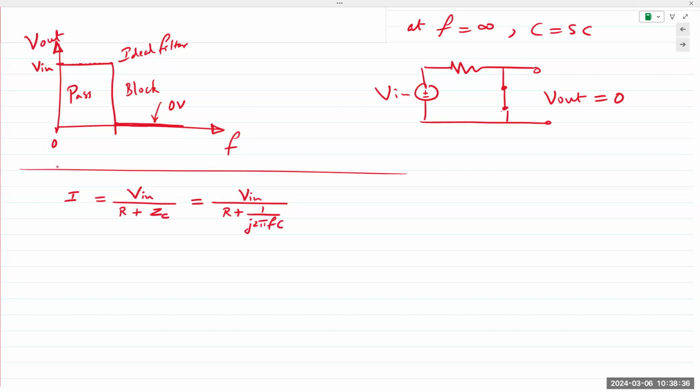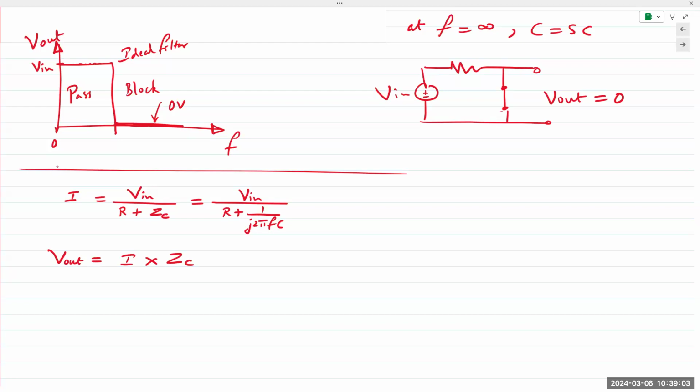The voltage for V out would simply be I times ZC. We're taking the output, so it's just two applications of Ohm's law. We're taking the output across the capacitor, so we want the capacitor voltage, VC, because V out is equal to VC. And VC in this case, simply apply Ohm's law, I times ZC.